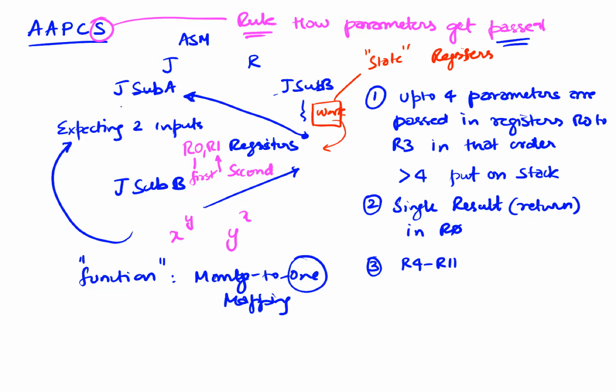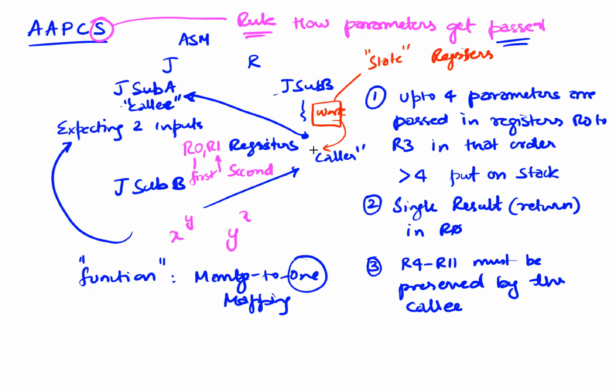must be preserved by the callee. If you have just R4 through R7, or all the way through R11, they must be preserved by the callee. Oh, by me? Yes, in this case, you are the callee, and I am the caller. So you have an obligation to preserve those registers.